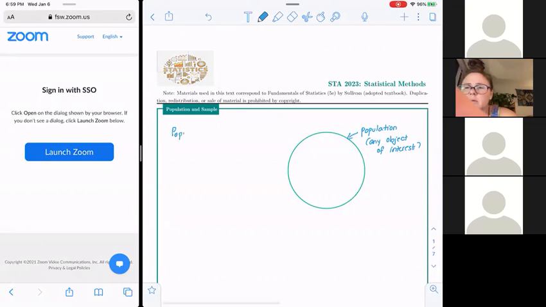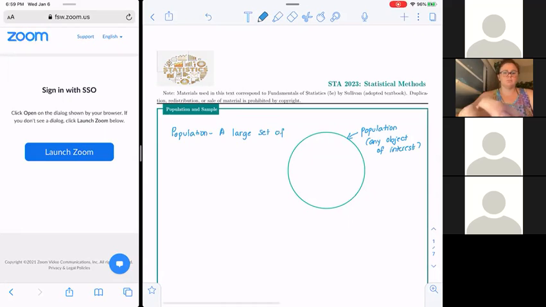So a large set of individuals or entities.